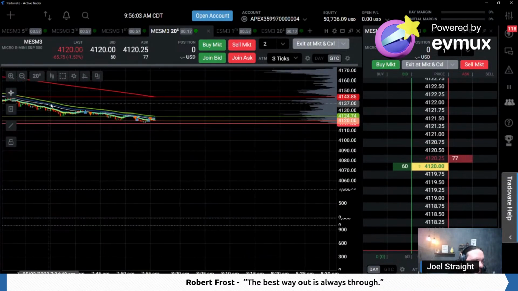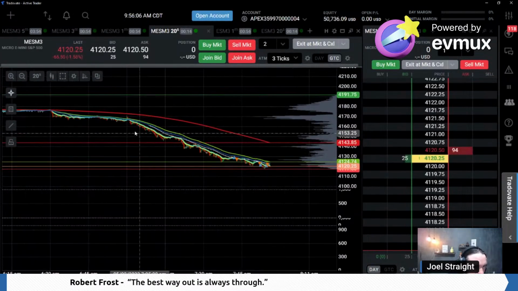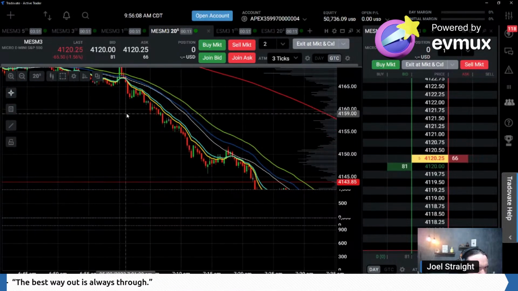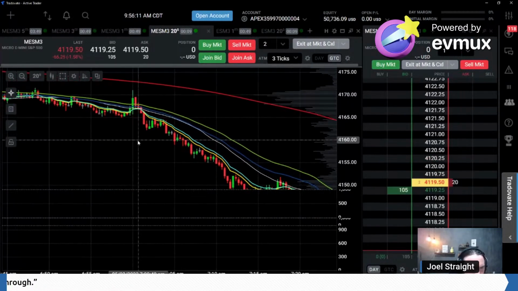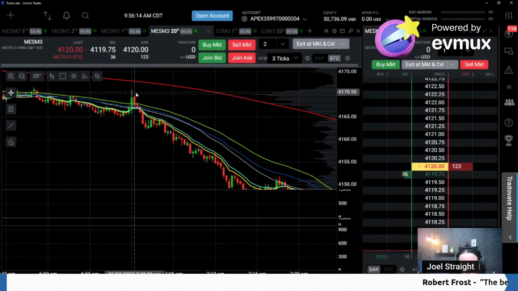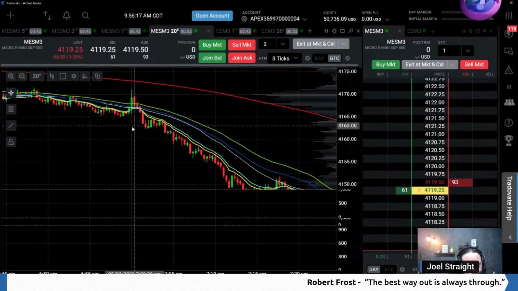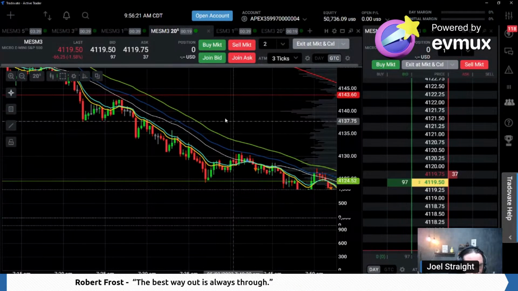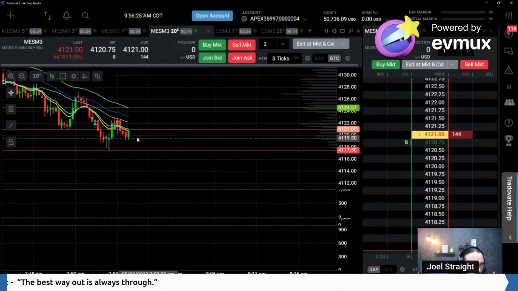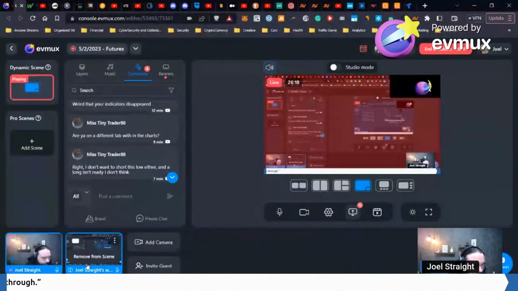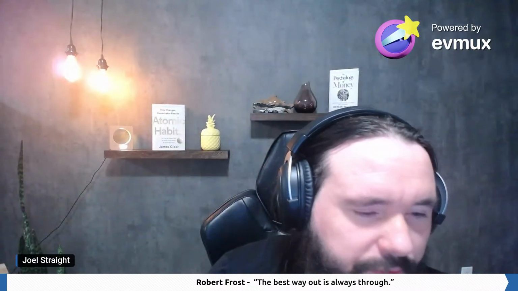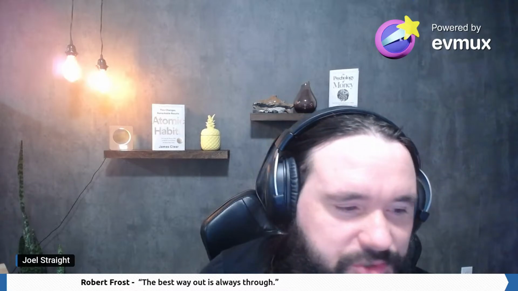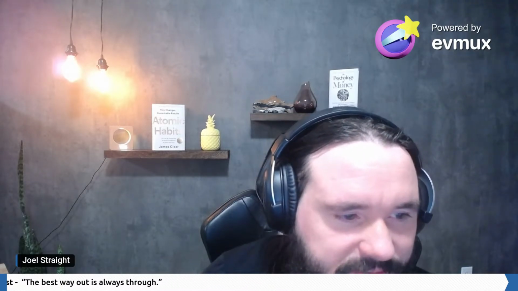This must have taken a really big, heavy drop for the moving average to be that far away. It's just been steadily dropping. Huh. Yeah, it's too low to the lows. It keeps making new lows, so I don't want to short in the area because it could very easily bounce.